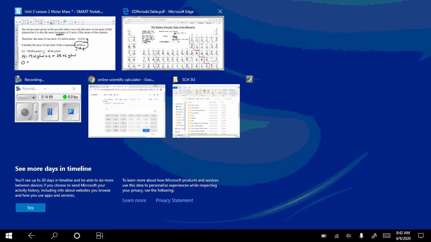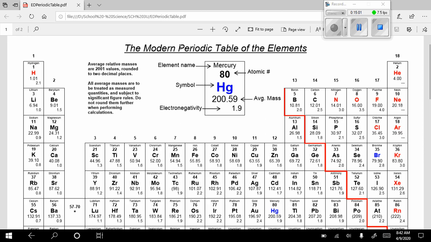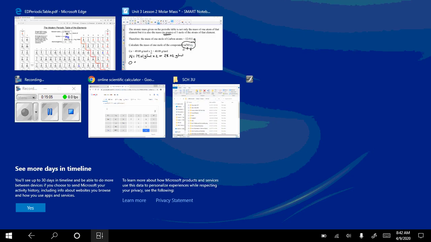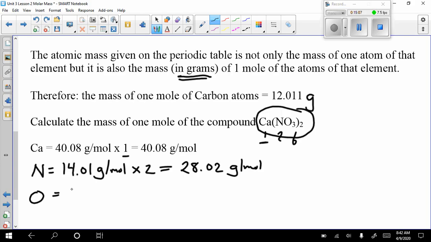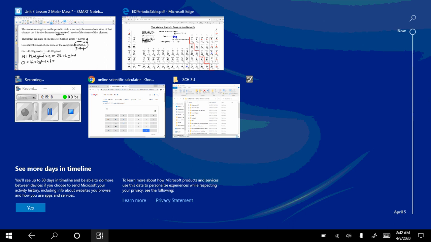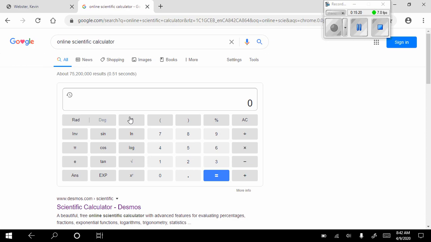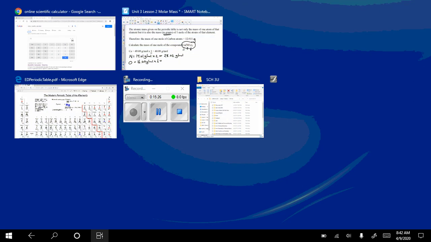And then for oxygen, I would look over to my periodic table. Oh, oxygen's a nice one. It's 16.00. So I go back and I go, it's 16.00 grams per mole times 6. Okay, let me go to my calculator and I'll type that in. 6 times 16, and I get 96.